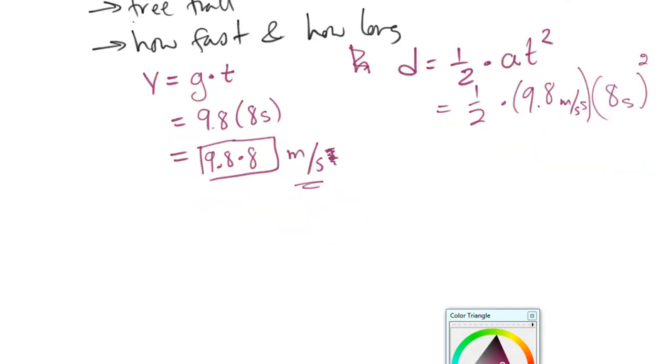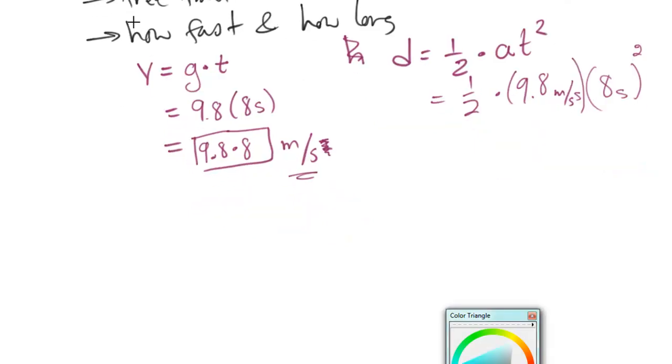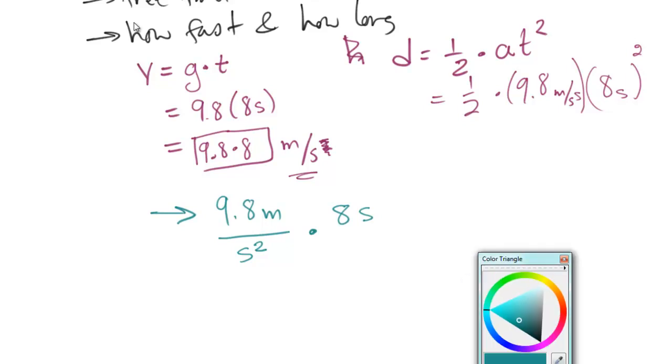Okay? So let me explain what I did wrong here. In here, I should have 9.8 meters per second squared. That's my gravity. And I'm multiplying it times 8 seconds. Well, I have seconds here and seconds here, so my answer should be 9.8 times 8 meters per second, right?